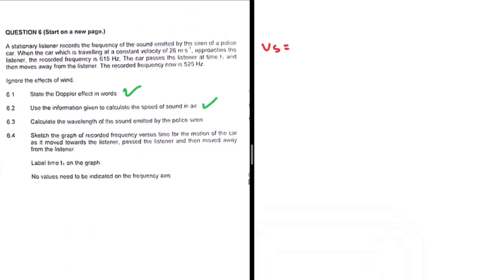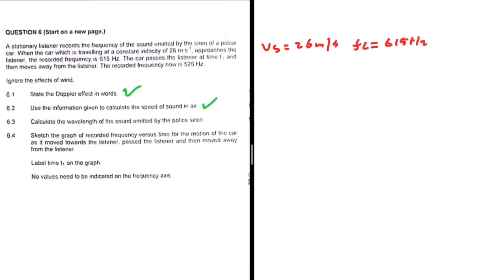Vs is 26 meters per second. As it approaches the listener, the recorded frequency is 615 hertz. The frequency observed by the listener is 615 hertz.